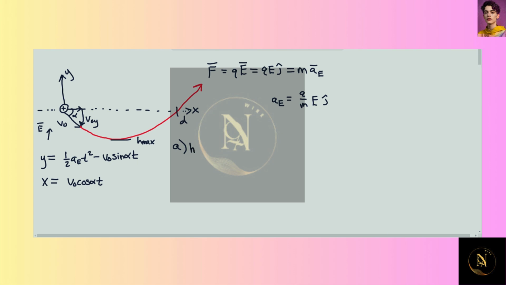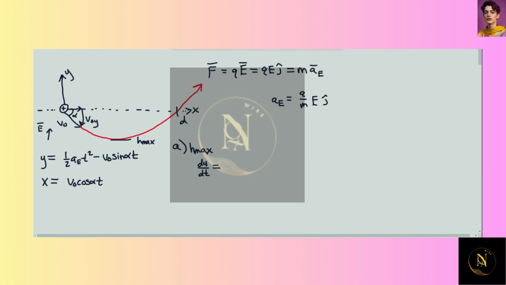h max will occur when the velocity, dy/dt, is equal to 0. So it changes from a negative velocity to a positive velocity. It's instantaneously at rest, and that's the lowest that it will get. That will be h max.